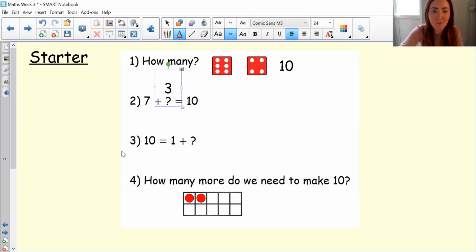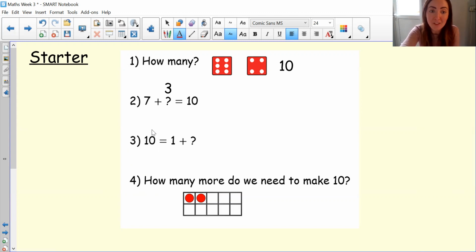Okay, now number 3. I hope this one didn't catch any of you out, because I know that sometimes we don't really look carefully enough at our symbols and we can end up getting a bit muddled. So I'm hoping that nobody looked at this number sentence and thought that we were meant to be working out 10 add 1 and the total of that, because is this symbol add? No, it is equals.